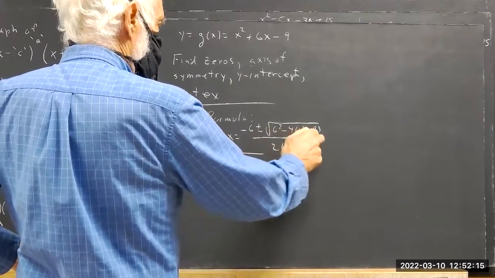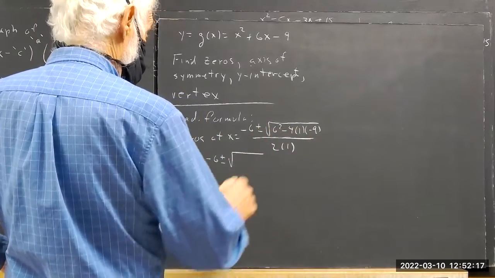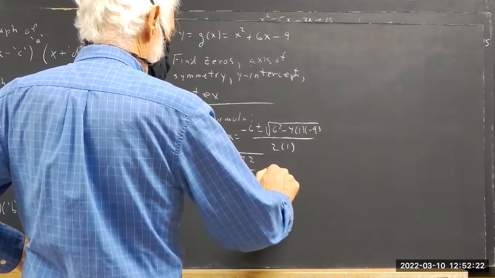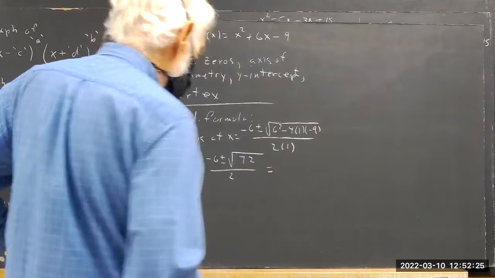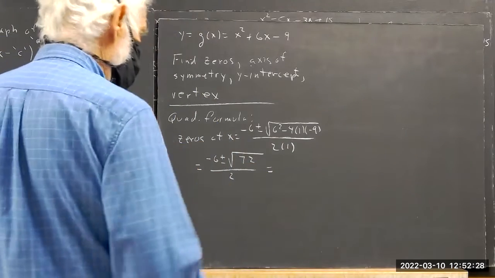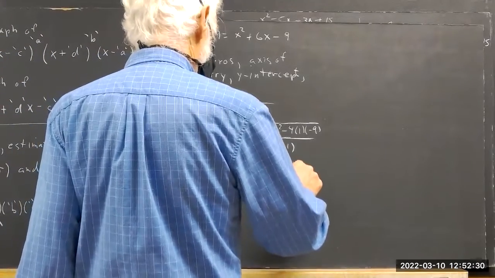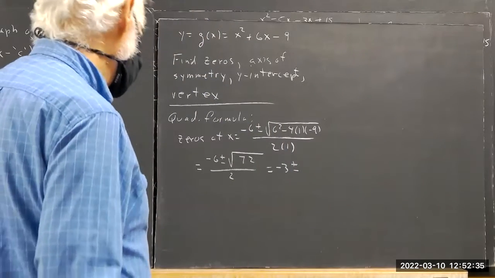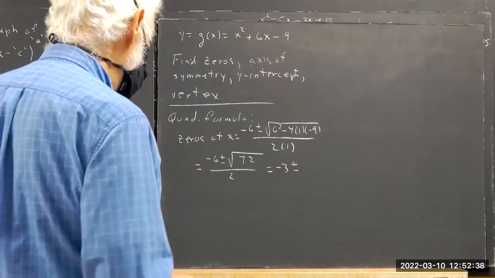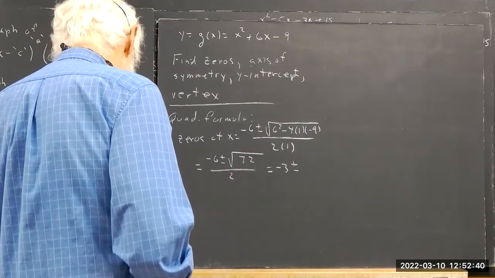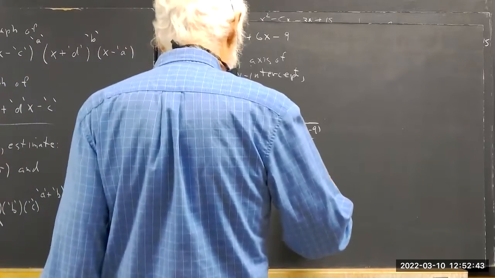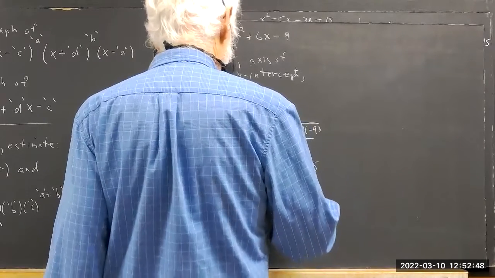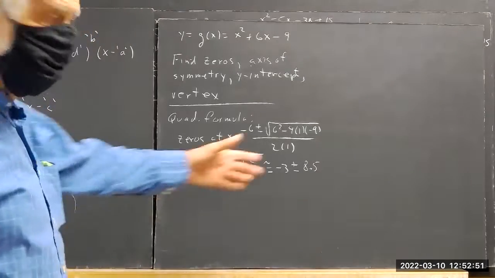Now this is going to be 36, and this is going to be 36. That's going to give us 72. And of course, negative 6 over 2 gives us negative 3. The square root of 72 is 6 times the square root of 2, which is like 8.5. That's an approximation, but you have no real choice.